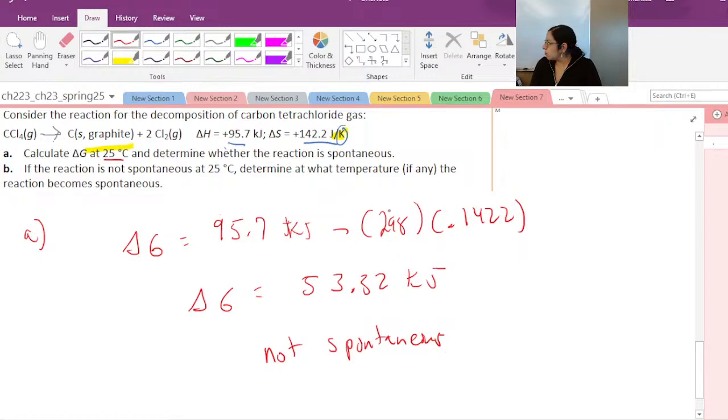So perhaps, if we glance at this mathematically now, obviously we could solve it algebraically. And that's actually what the next question asks. If it's not spontaneous at 25, determine what temperature, if any, the reaction becomes spontaneous. So go ahead and try that.